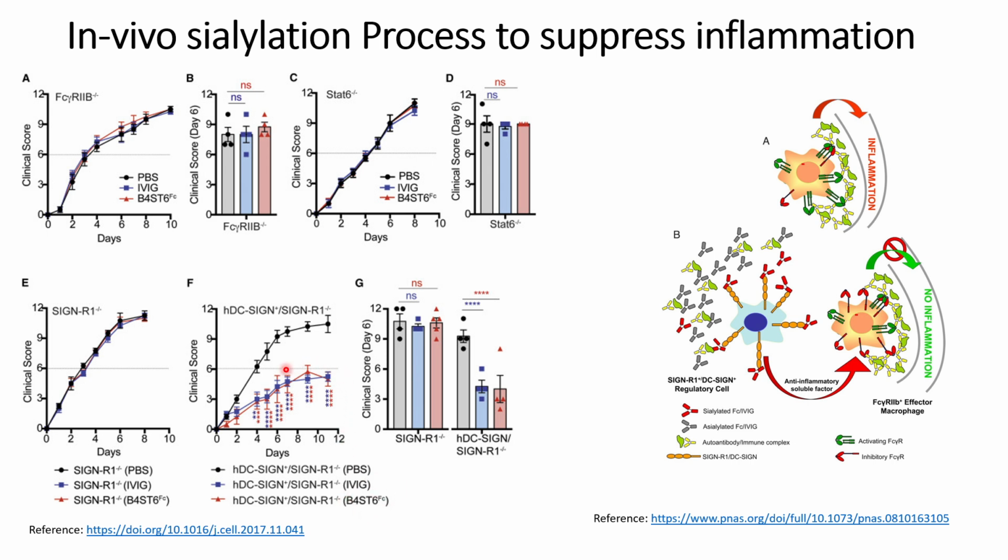They see a decrease in the clinical score, or a decrease in the inflammations, and the same is quantified in panel G, where we can see that when SIGN-R1 is absent, they do not see any decrease in the clinical score or the inflammations. However, when they use the human DC-SIGN, they see a decrease in the inflammations when they use IVIG or B4ST6.